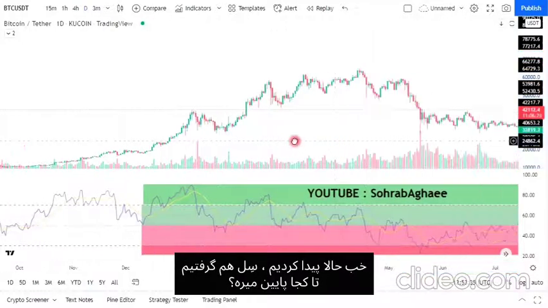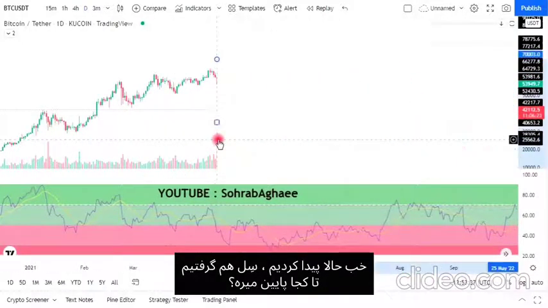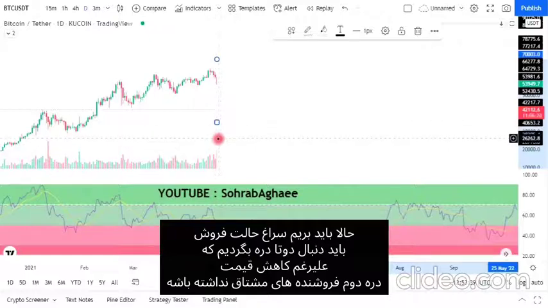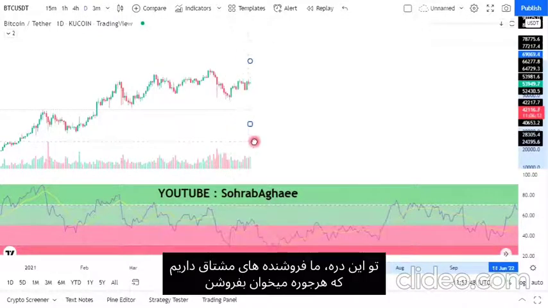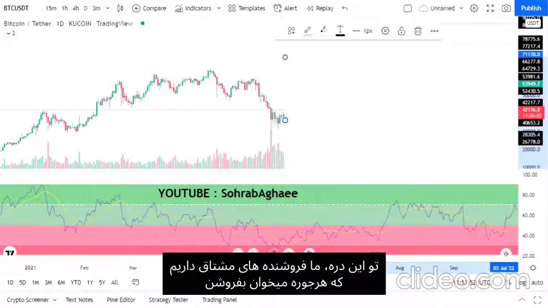What should I do now? I have to look for two valleys, where in the second valley, despite the price reduction, the sellers are not eager. In this area, sellers are eager.